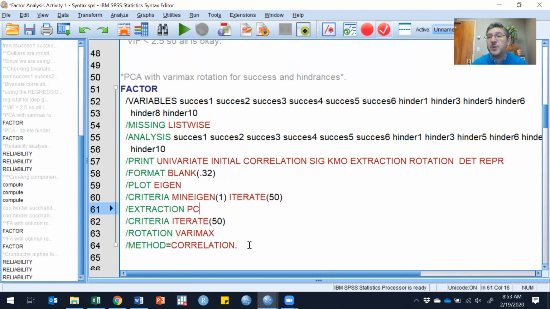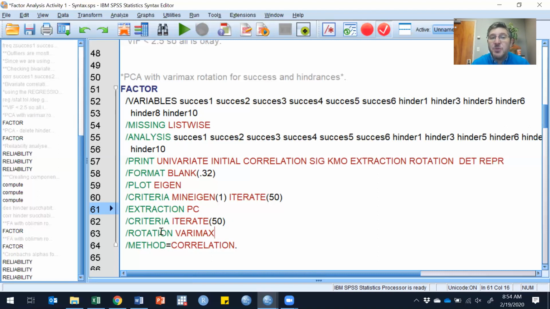You can also review the class notes for some details on the different extraction methods. So we basically list our variables, the ones we want in our analysis. This is telling us different things to print. We want univariate results, we want the initial results, we want the correlations, we want the KMO, we want the rotated matrix.